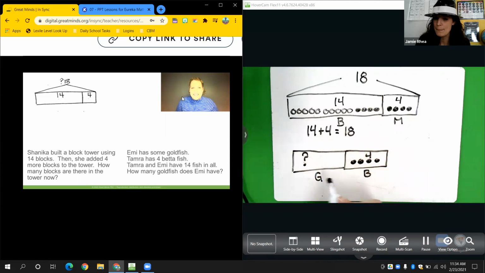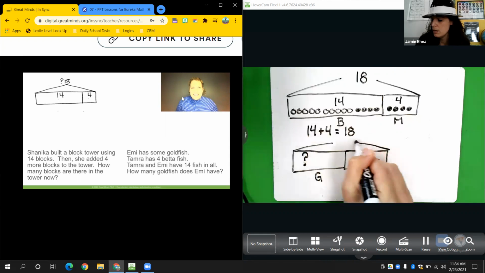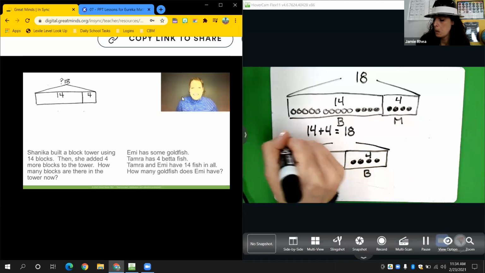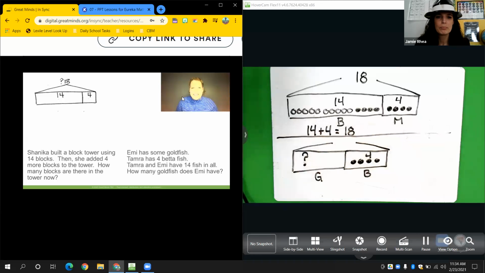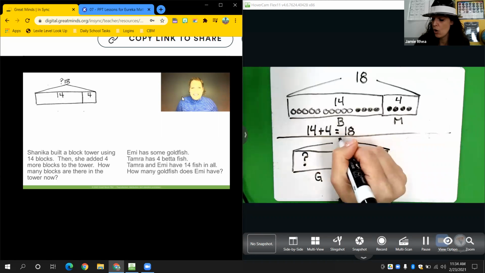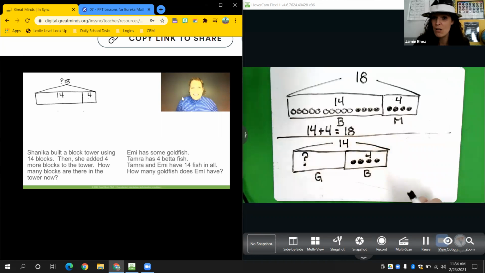And I'm going to make my total down here. So Tamara and Emmy have 14 fish in all. If I have 14 in all, that tells me that's my total, okay? So if I have 14 fish total and Tamara has 4 fish, how many goldfish does Emmy have?